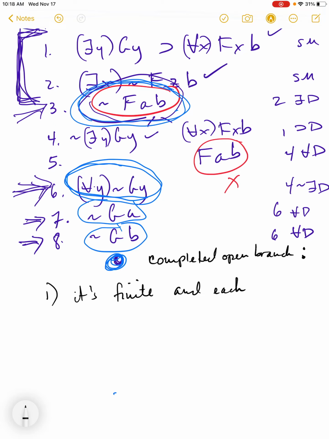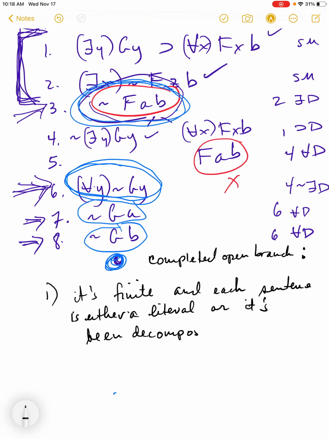It's finite, and each sentence on the branch is either a literal, that is an atomic or the negation of atomic, or it's been decomposed. And it's not a universal quantification.